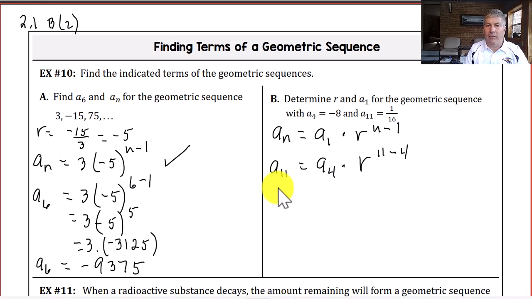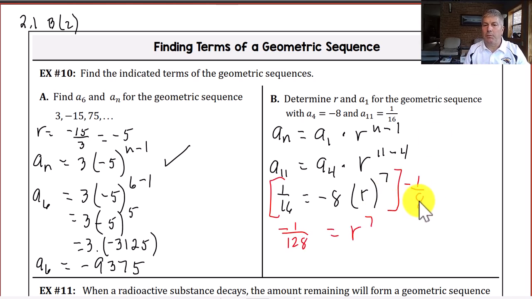So I can say 1/16 equals -8 times r to the 7th. Now I have to do a little algebra to calculate r. If I divide both sides by -8, or multiply both sides by -1/8, I get -1/128 equals r to the 7th.